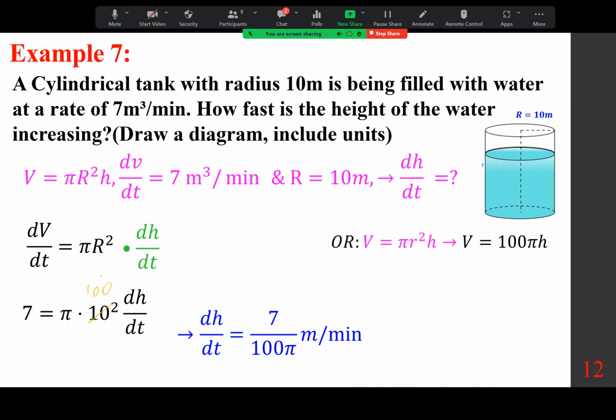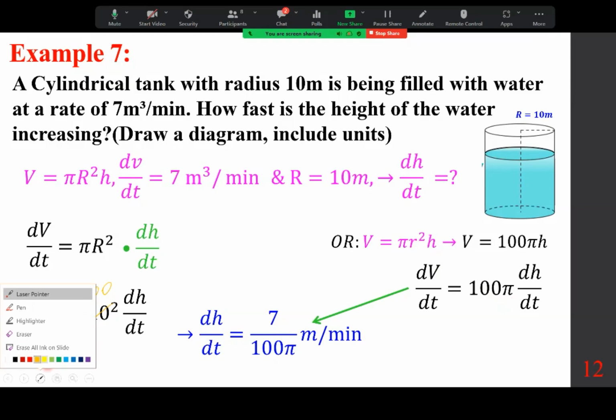Class, you can go with that formula and replace the r with 10. By the way, lowercase r or uppercase r makes no difference. What I did, I like to keep it with r and then change it. You can right away notice that since r is 10, replace it. And then if you differentiate, you come up with the same answer. And I'm going to keep it as an exact answer.